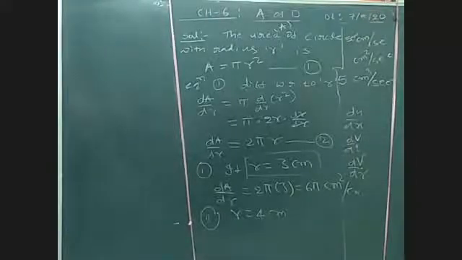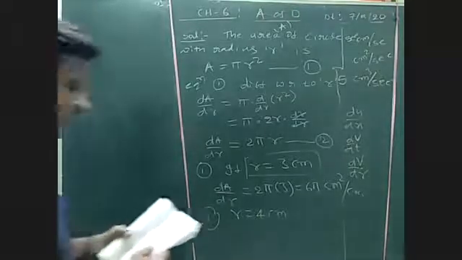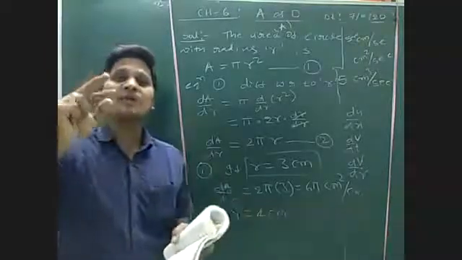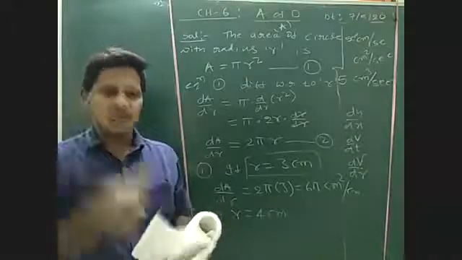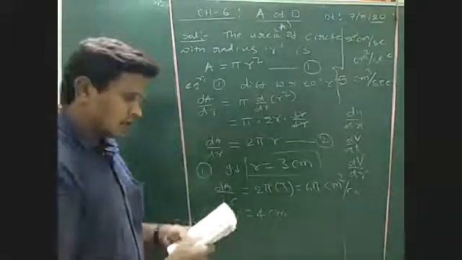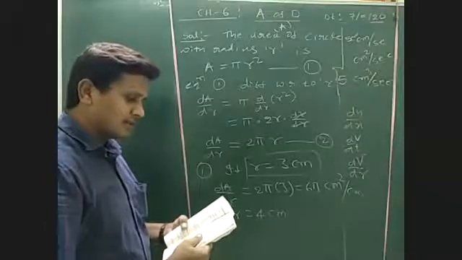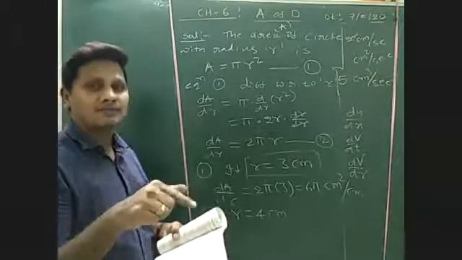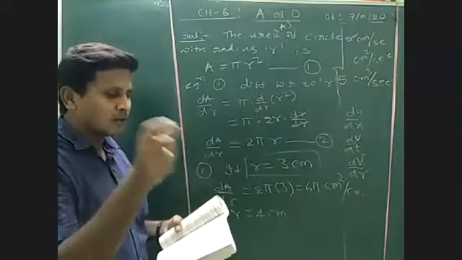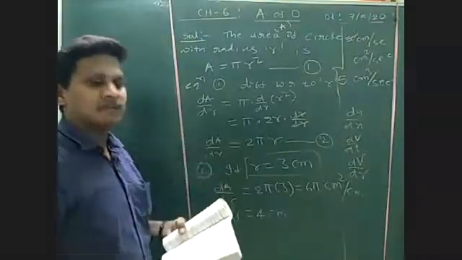The volume of a cube is increasing, nothing but volume is changing. Either it may be increasing or decreasing, meaning the volume is changing. So the volume of a cube is increasing at a rate of 8 centimeter cube by second. For each second, the volume is increasing by 8 centimeter cube.